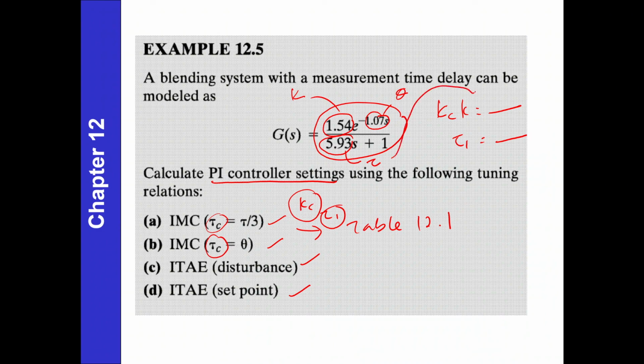Substitute into this equation and you should get the value of Kc and tau I. Same goes for C and D. Just use the equation and the values. A very straight and direct equation.